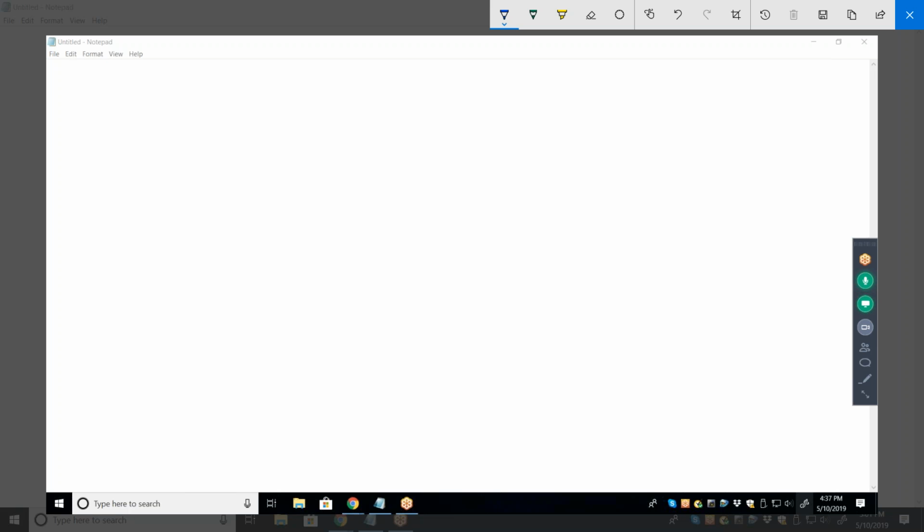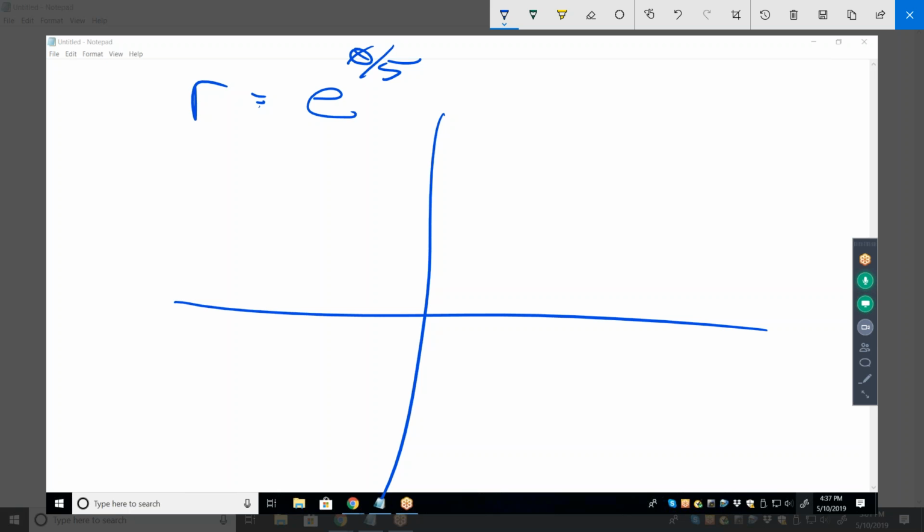And the general equation for that is r equals e to the theta over 5. When theta is 0, what is r? When theta is 0, you've got e to the 0, so r would be 1. So that point is right there.